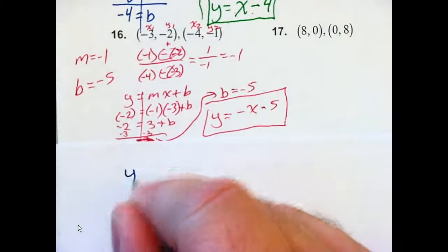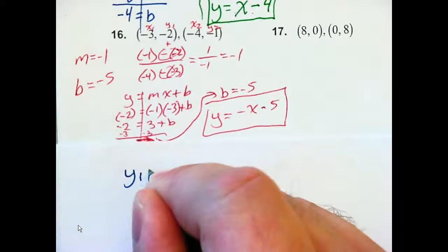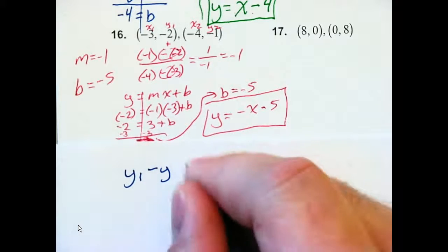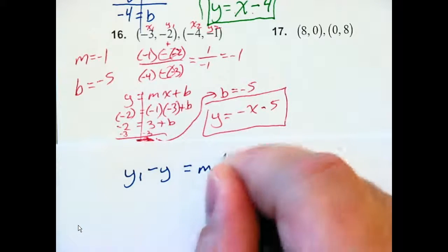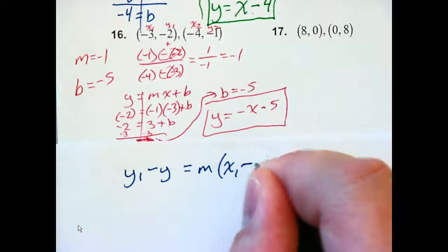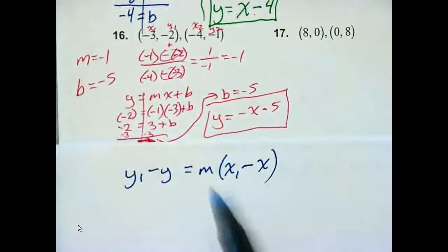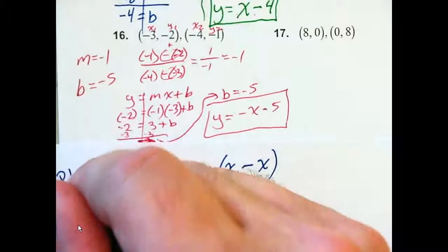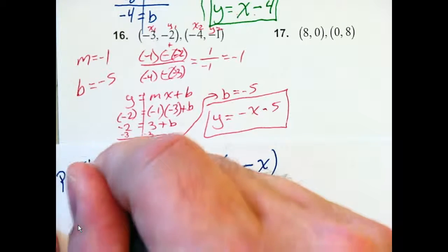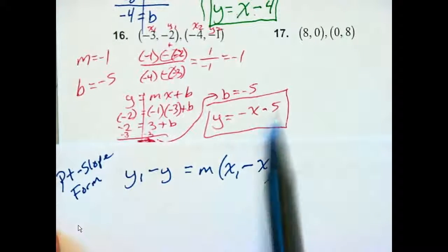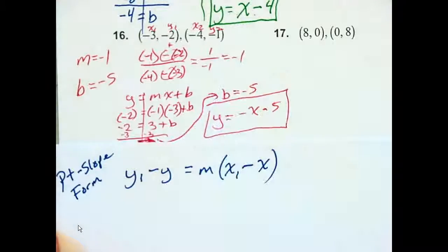Point slope form is y1 minus y equals m times x1 minus x. So if you want to use this, you can. I think it's quicker. Point slope form means if you have a point and the slope, you can use this equation to write the equation of the line.